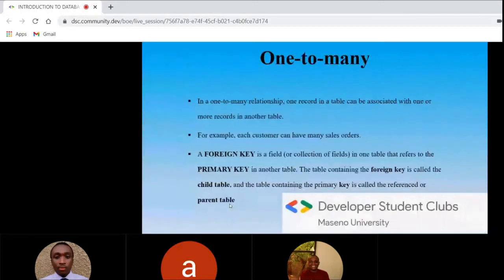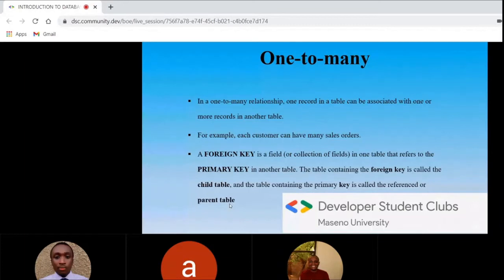So let's talk of the most common and the most confusing database relationship. It's the most common, most used, and you'll find it in very many situations. We call it one-to-many. In a one-to-many relationship, one record in a table can be associated with one or more records in another table.